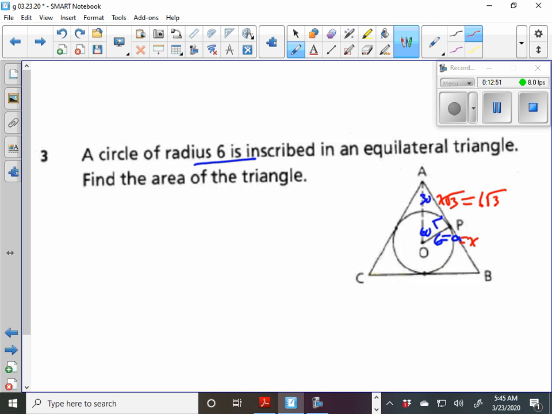My perimeter is equal to 6 root 3 times, how many of these segments do we have? 1, 2, 3, 4, 5, 6. So times 6, or 36 root 3.